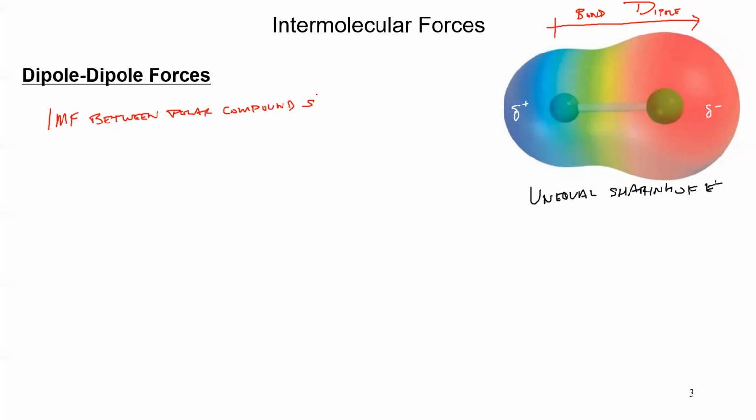Okay. A good example of a polar compound is something like HCl. In HCl, which end, the hydrogen or the chlorine, is going to have the partial positive side? And how do we know?